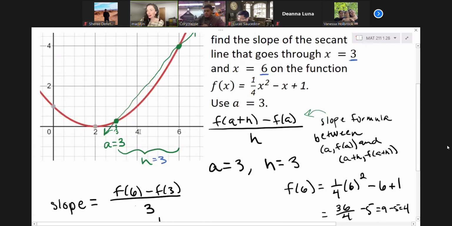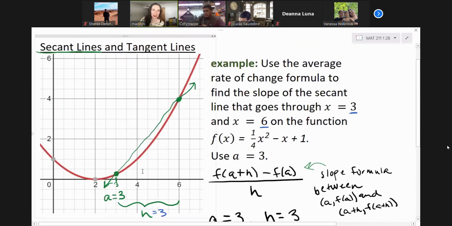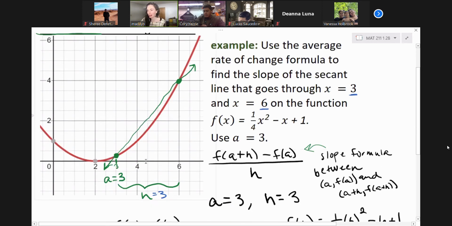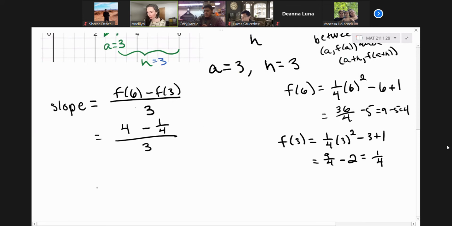And we do have the graph here to confirm that, but normally we won't be using a graph. You'll have to just plug it in and find it. And so we can't be afraid of fractions. So 4 minus 1/4 is 16/4 minus 1/4, which is 15/4.